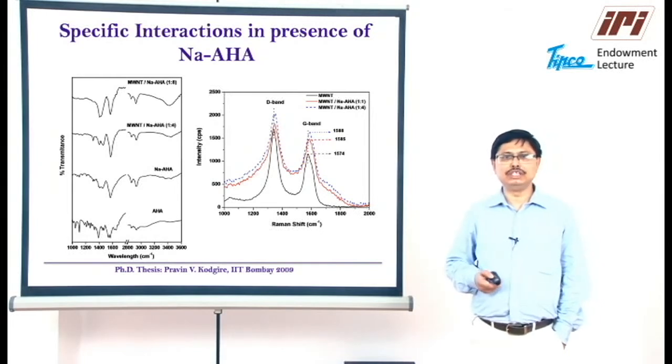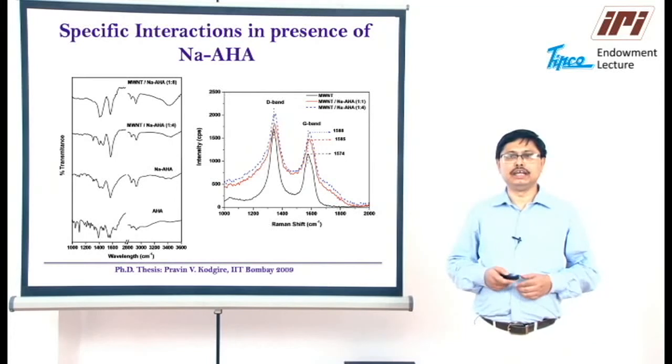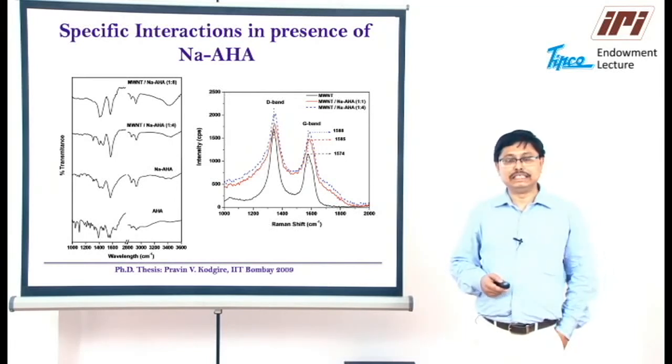The ratio of the G and D bands characterizes the ordered structure in a given multi-wall carbon nanotube material.